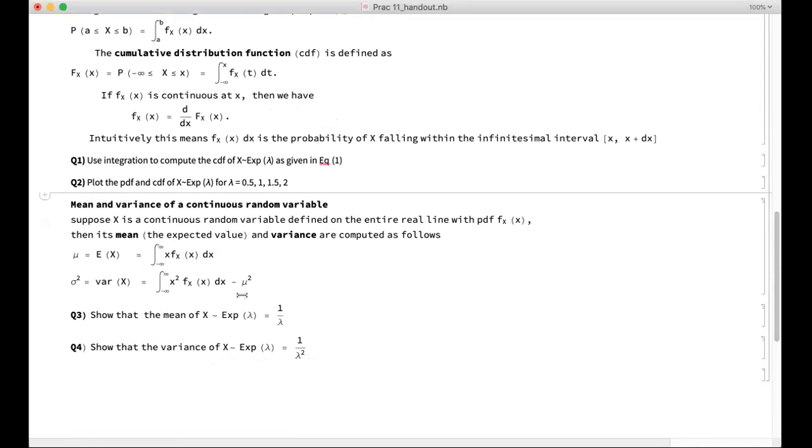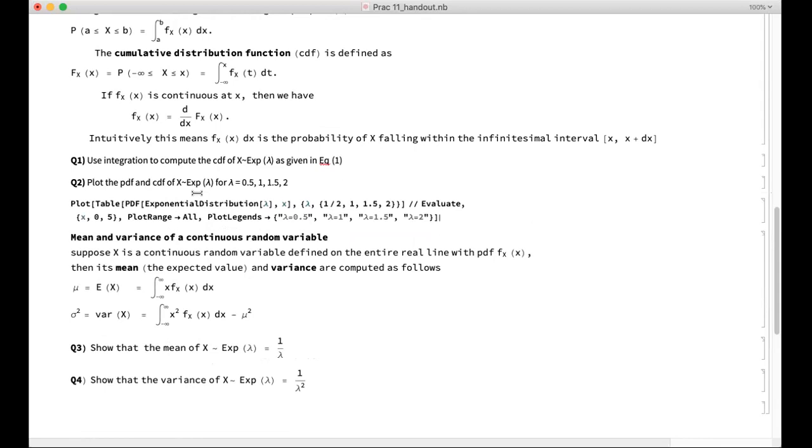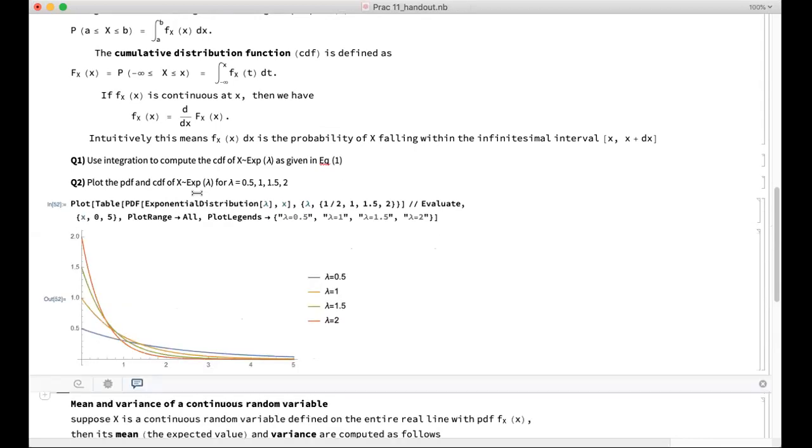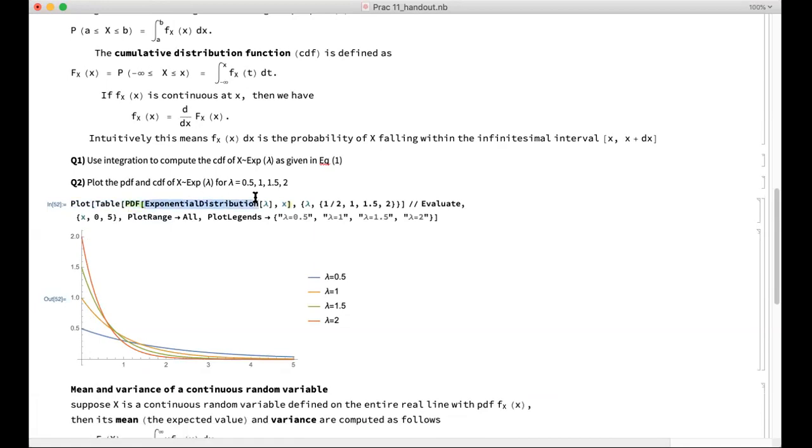You could use the built-in functions for the exponential distribution. Okay, so let me explain this. This is the PDF. ExponentialDistribution is used in Mathematica to define the exponential distribution with parameter lambda.